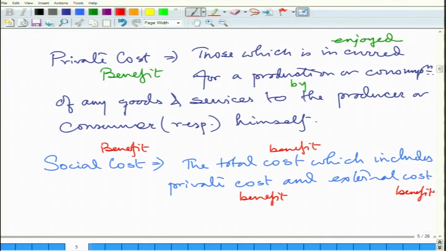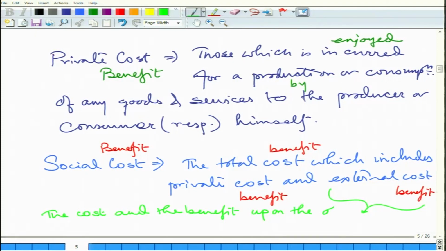Now, what is external cost and external benefit? It's very simple. External cost and external benefit are the cost and the benefit upon the others apart from the producer or consumer.